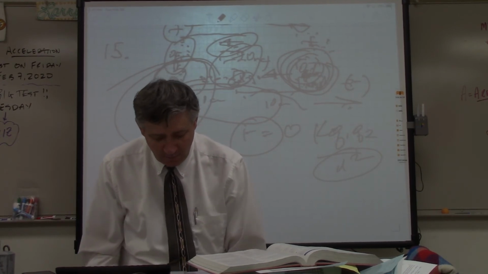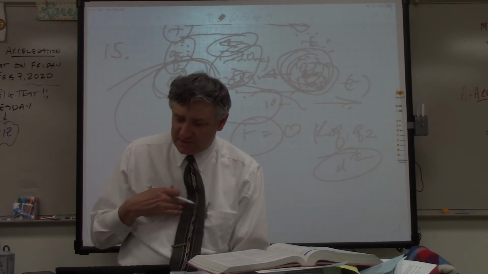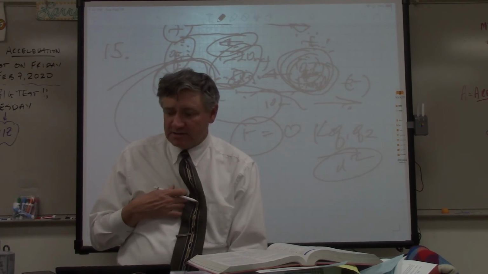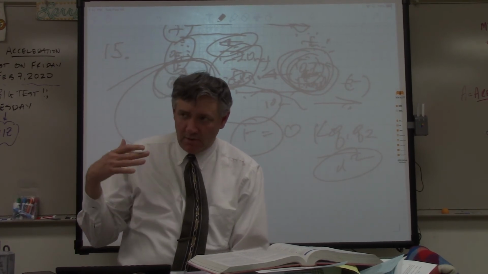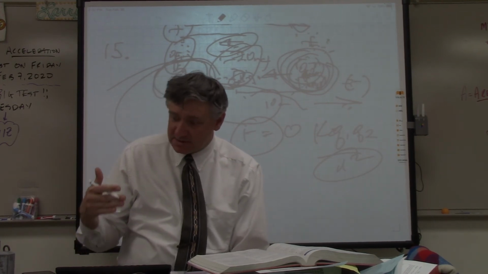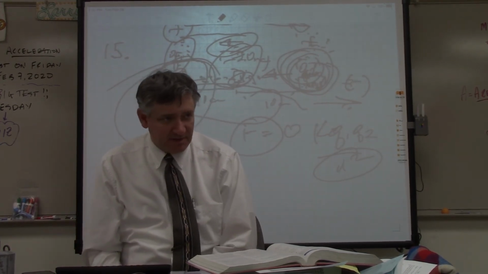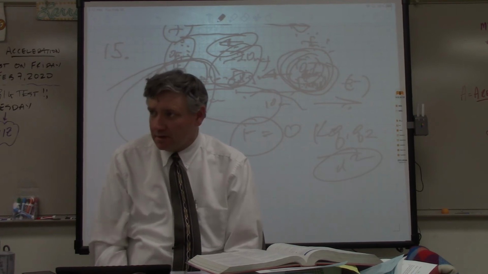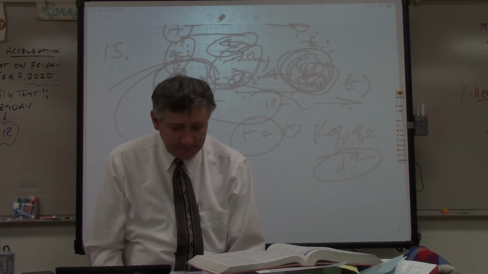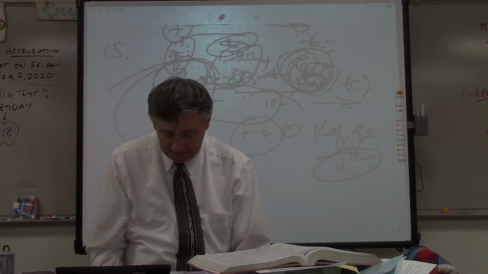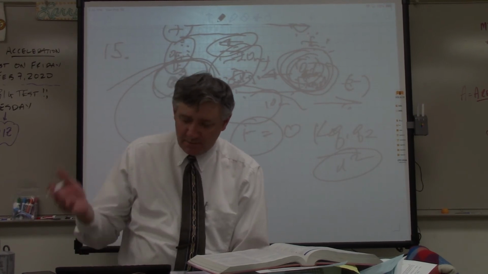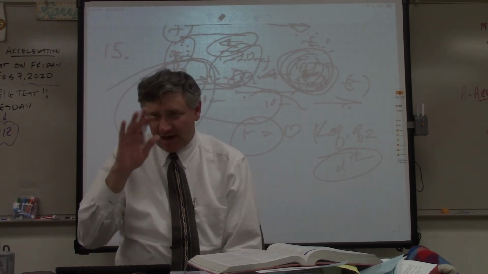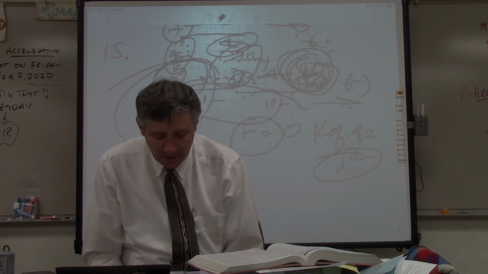And you should see that the electron, which is a lot smaller, is going to have a much greater acceleration than the proton does because it has a much smaller mass. Now, on that supplemental problem, you could either work it at the beginning or work it at the end. Don't work it halfway through. That's just going to annoy me.